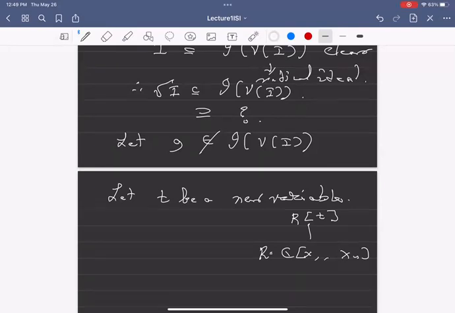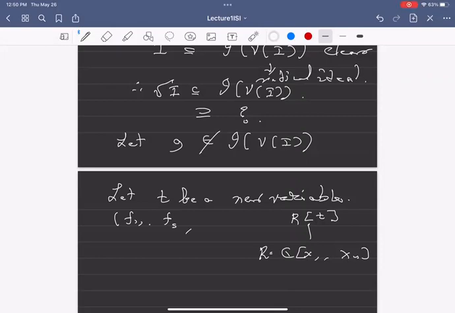Inside this polynomial ring, let us look at F1 up to Fs, the original polynomials which generated my ideal. Now G is not in the ideal of the variety of I. The ideal of the variety of I consists of polynomials which vanish at every point in the variety of I, and G is not in this.